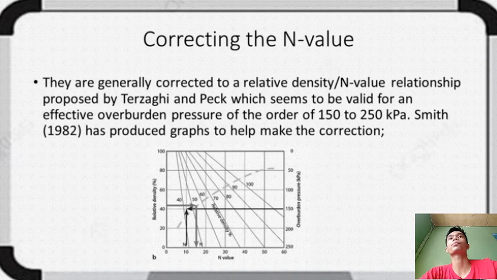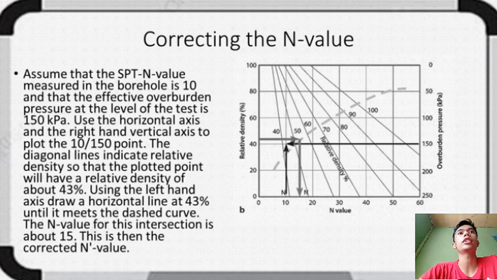So mao ni siyang graph kaning sa my right side. So diri atong i-discuss karon kung saan pag-correct sa N value. Assume that the SPT, or the standard penetration test, N value measured in the borehole is 10.